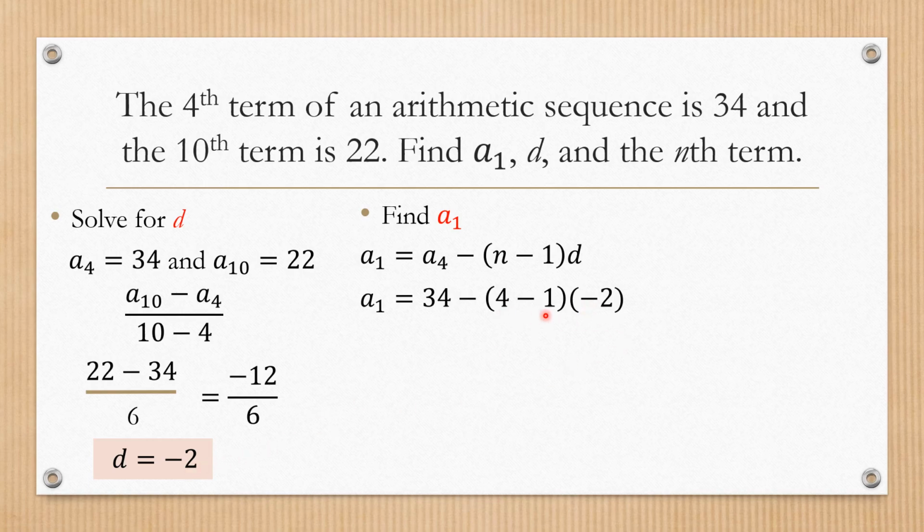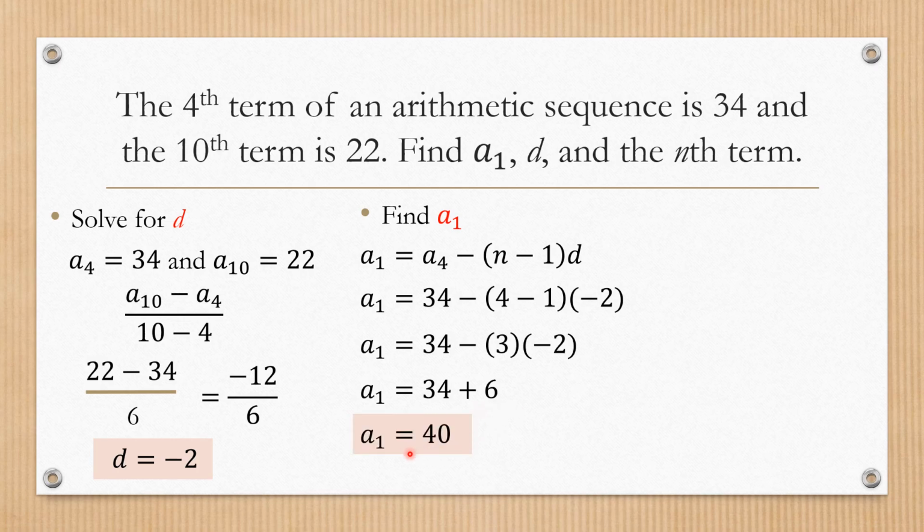Simplifying what is inside the parenthesis first, we have 4 minus 1, which is 3. And then multiplying negative 3 times negative 2, there we have positive 6. So 34 plus 6 is equal to 40. It means that the first term is equal to 40.